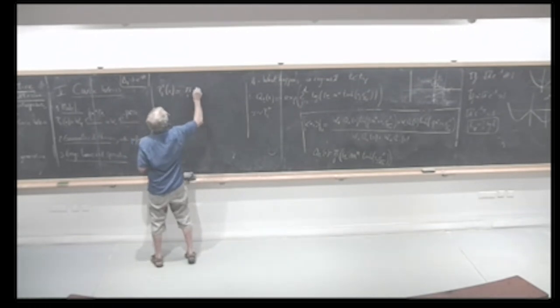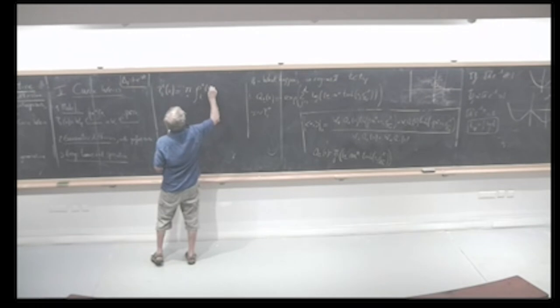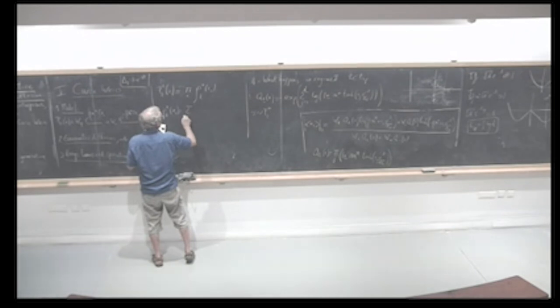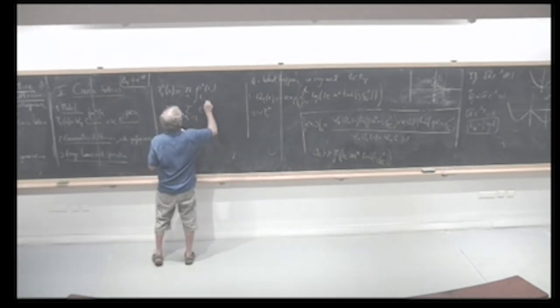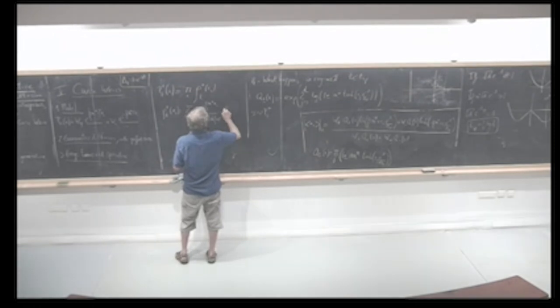It's the product over i of rho t plus of x_i, and I can write it as the sum over a_i, which is plus or minus 1, e to the beta m star a_i over 2 cosh beta m star, times the Gaussian.